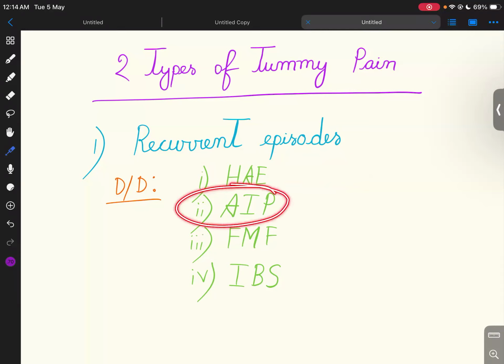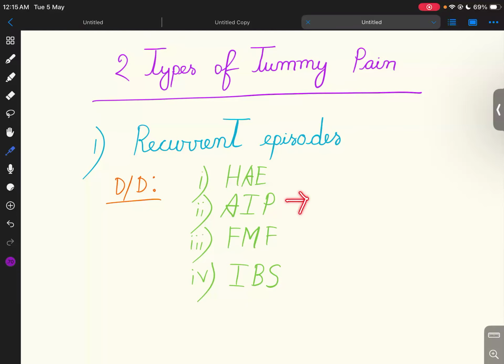Then acute intermittent porphyria. Acute intermittent porphyria is an autosomal dominant disease where there is some defect in hemoglobin metabolism. It results in the buildup of porphobilinogen inside the body, in the blood.